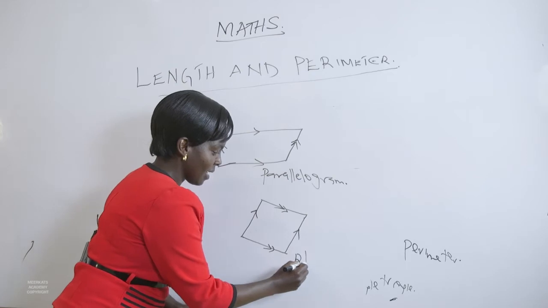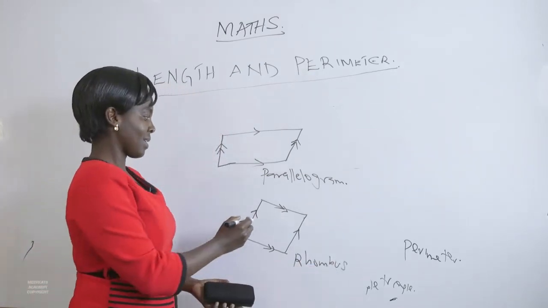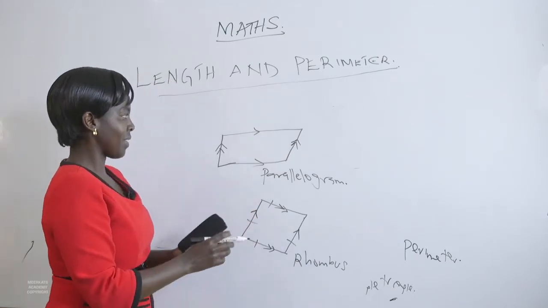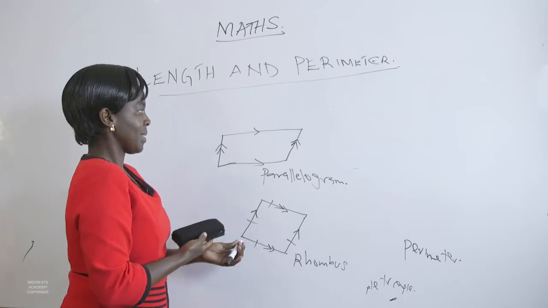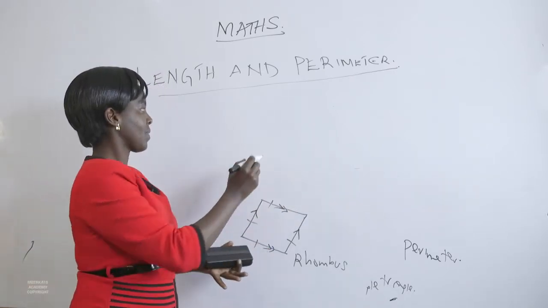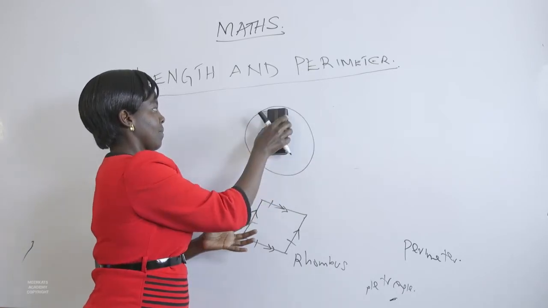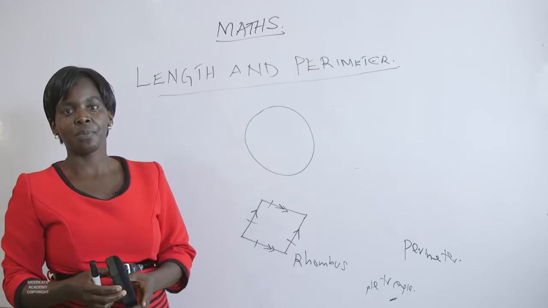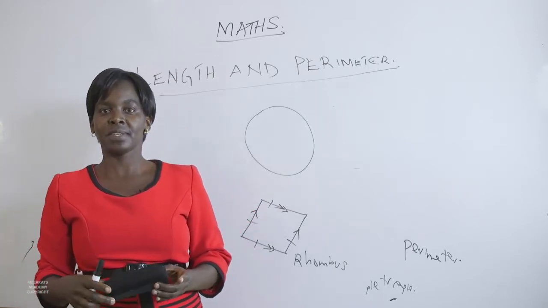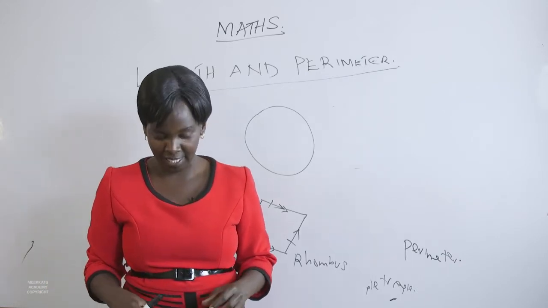This is a rhombus; we have said that all sides are equal. We also have an important shape, the circle. This is a round shape, we call it a circle. So I've given examples of the plane figures that will help us understand how to find the perimeter.